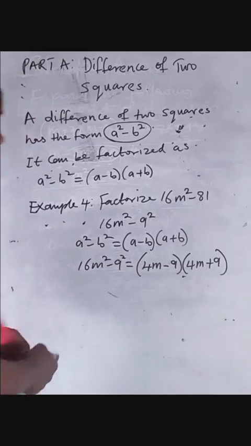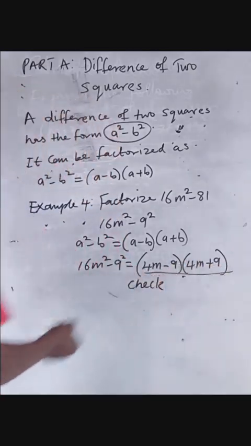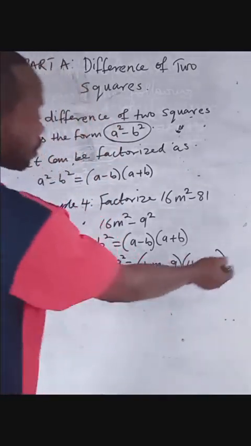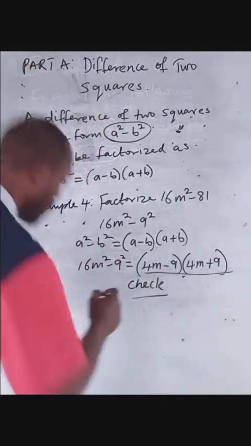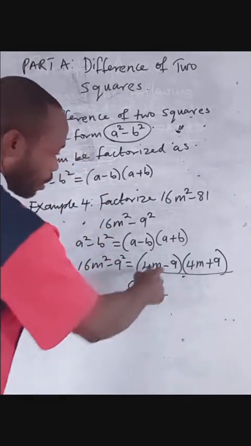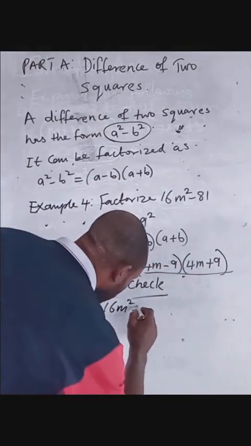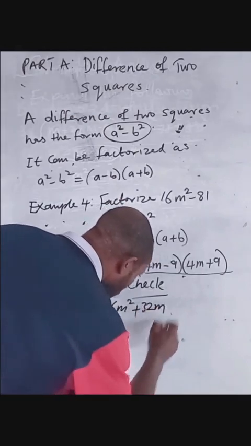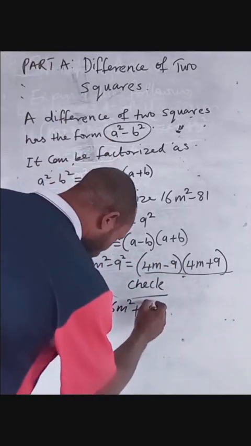Now if I expand this expression, I'm going to get back 16m squared minus 81. If you want to check if your solution is correct, you expand this expression. 4m multiplied by 4m is 16m squared. 4m multiplied by plus 9 is plus 36m.